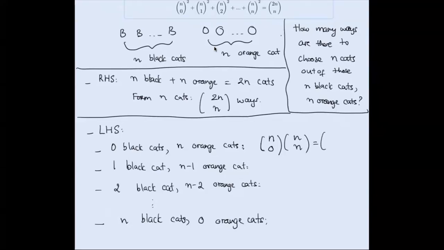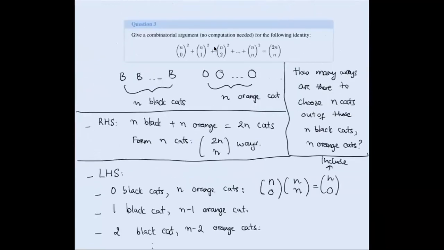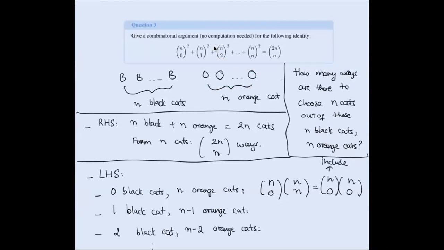However, it is the same as out of n black cats, I choose 0 cats to be included, and out of those n orange cats, I choose 0 to be excluded. If I exclude 0 orange cats, it is the same as I include n orange cats.